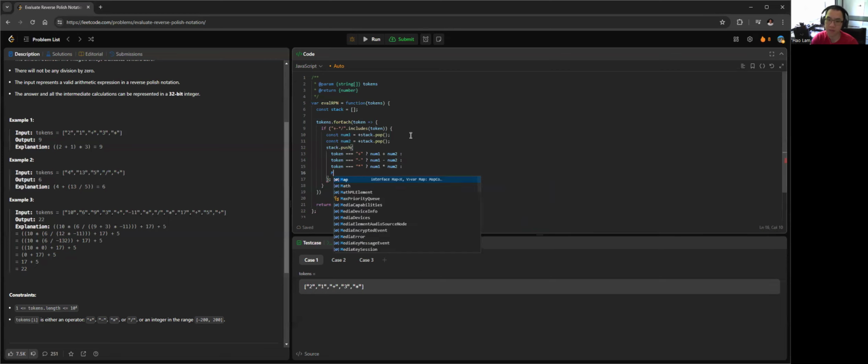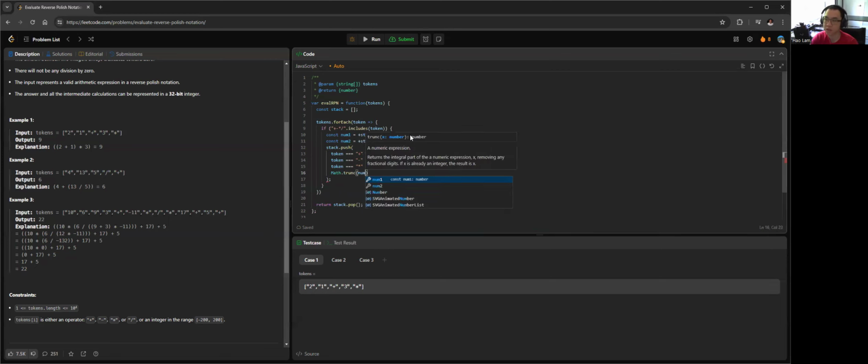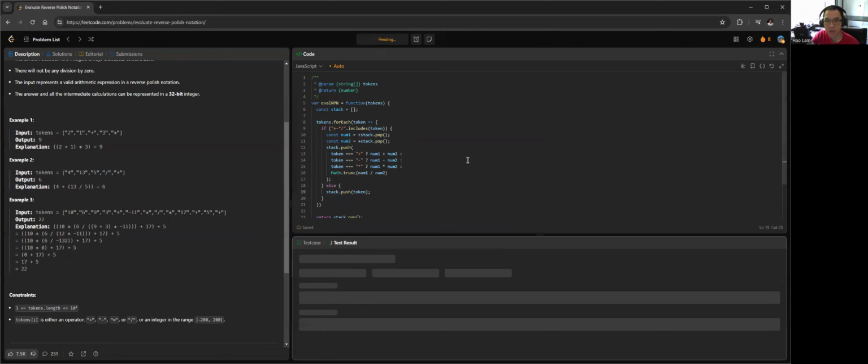Else, it is divide, so you can do Math.trunc of num1 divided by num2. If it is an operator, we pop off the last two, calculate the result, and push it back into the stack. If it is not an operator, we just push it into the stack. That's pretty much it.